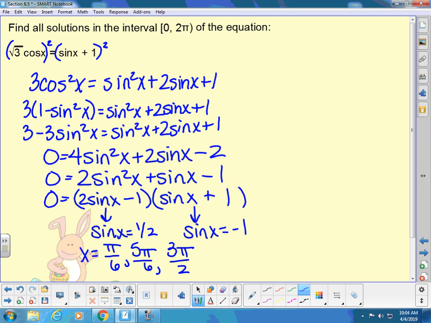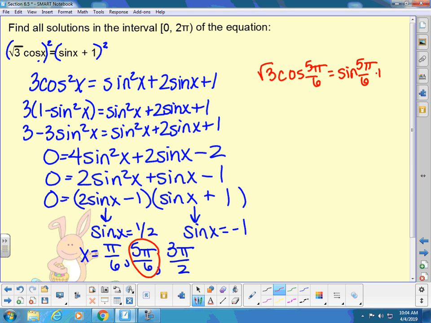Pi over 6 shouldn't give us any extraneous solutions. I think 3 pi over 2 will be good, because my cosine will be a 0 and my sine will be a -1, so you get 0 on both sides. 5 pi over 6 is the only one that I'd maybe check for extraneous. I don't know if it works or not.